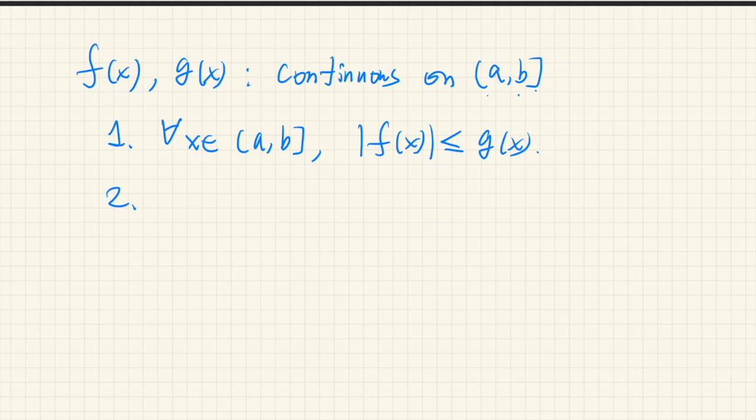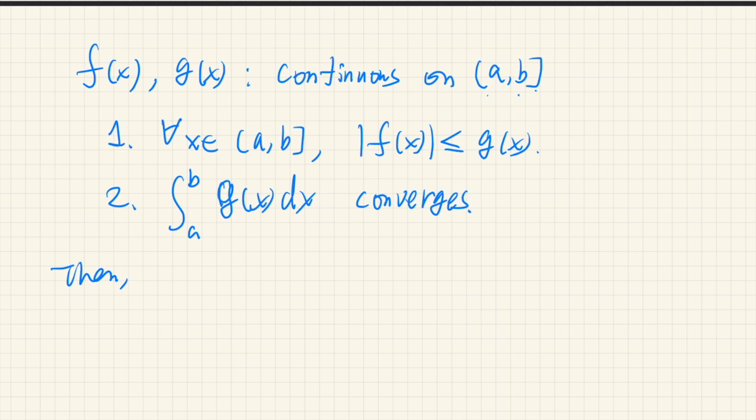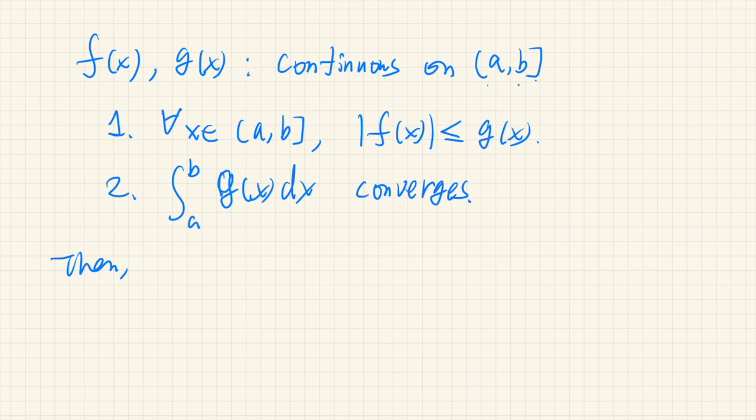And second, the improper integral of g of x from a to b converges. Then we can tell that this improper integral of f of x dx from a to b converges.